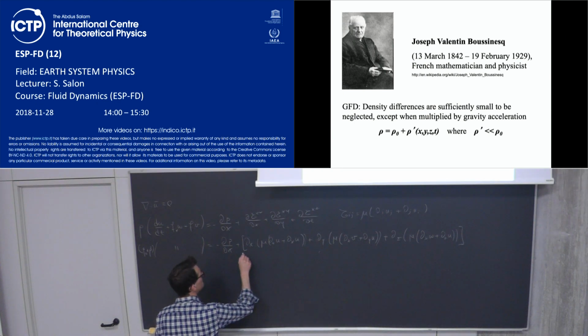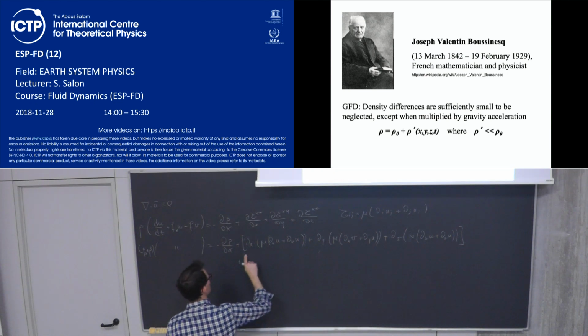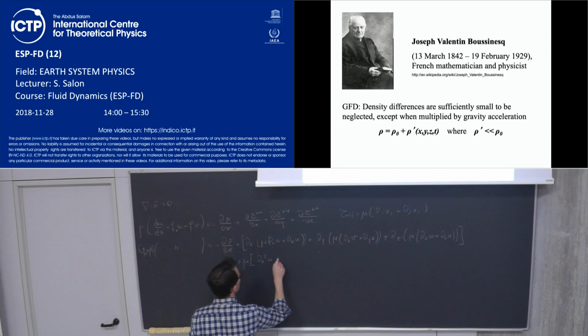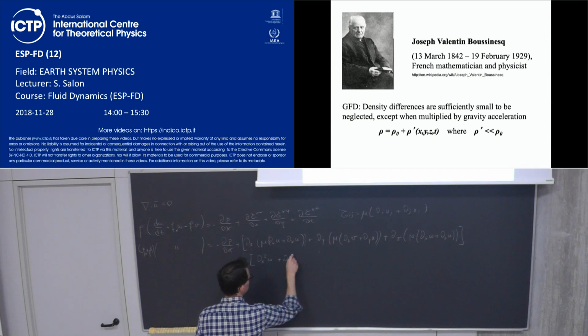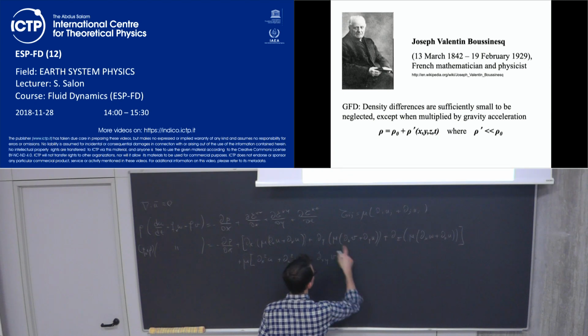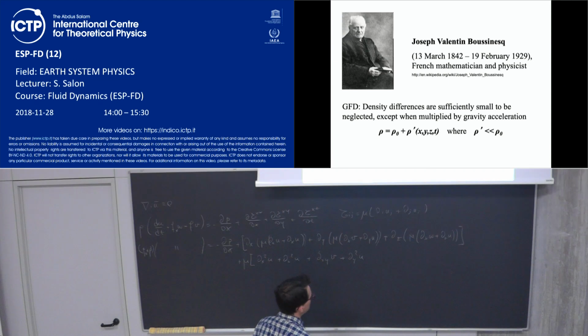Okay, so let's look a little bit at this one. So mu is a constant, so put it outside of the parentheses. So we have a second derivative of x plus, again, second derivative of x. Then we have a mixed derivative xy of v plus second derivative of u with respect to y.